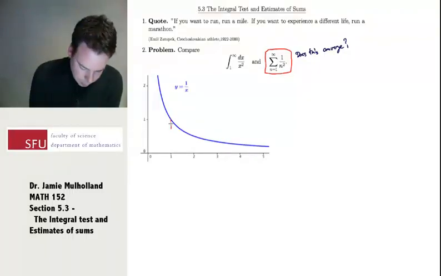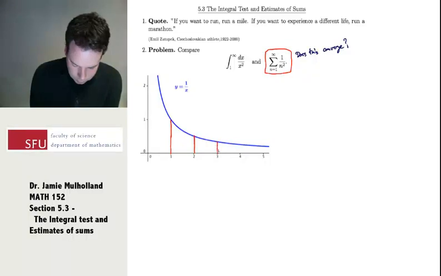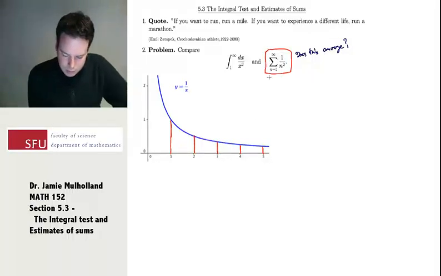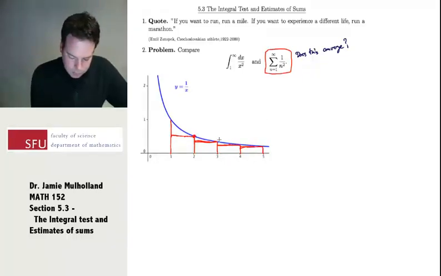So I'm going to separate off these different slices under the curve, and I'm going to look at some rectangles. For each of these particular slices, I'm going to take the rectangle where I've used the right-hand endpoint to get the height of the rectangle.